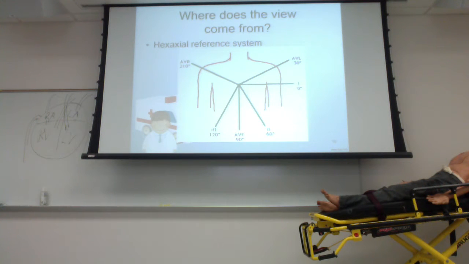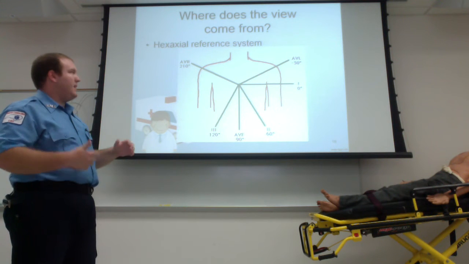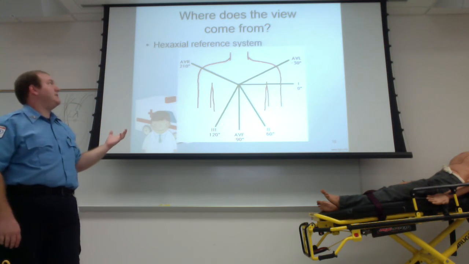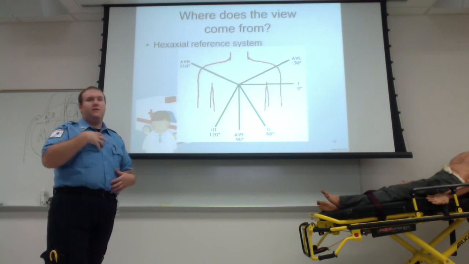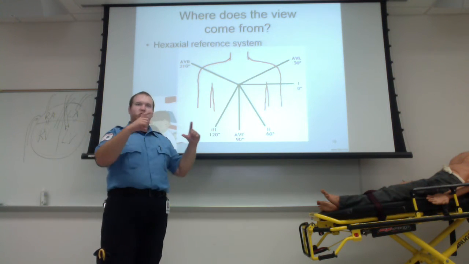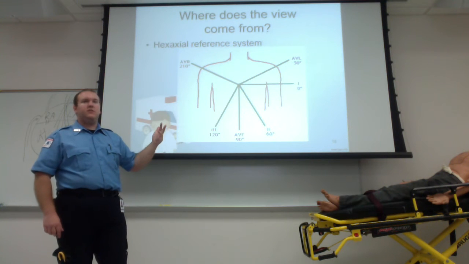Next one here, this is going back to the 3 lead, but they each play a part in each other. This is referred to as your hexaxial system, or your hexaxial reference system, and it's just where each of your 3 lead views come from. If you look at this here, you're looking at your patient. When you look at your 12 lead readout, you'll see the first 3 on the left side will be leads 1, 2, and 3.